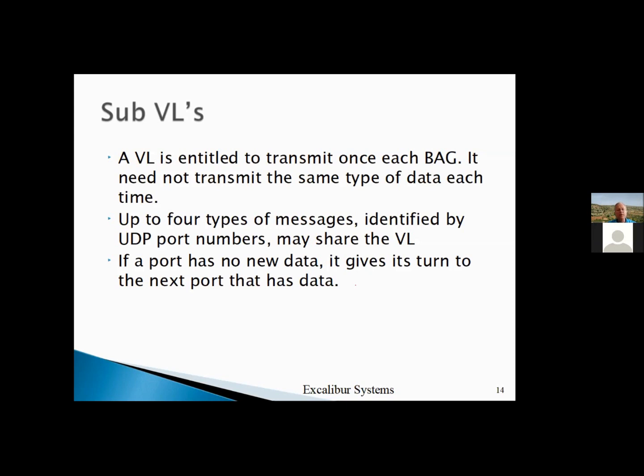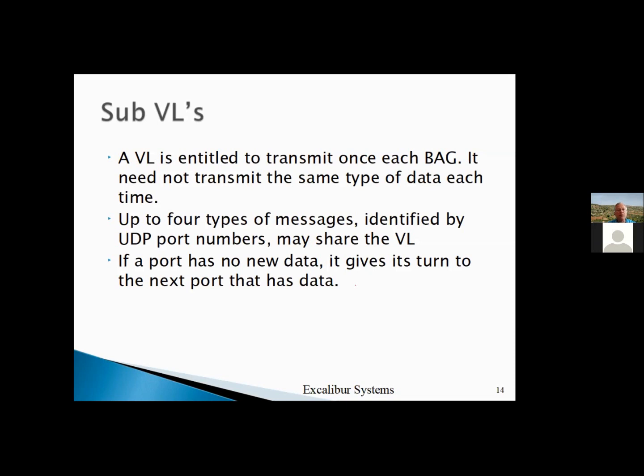So once you've determined that a VL has a certain time slot, I can say, you know what, I've got 4 different kinds of data that I want to send in this time slot. And that way, I'm still only going to send a packet once every 128 milliseconds.